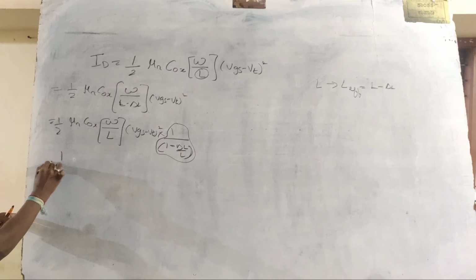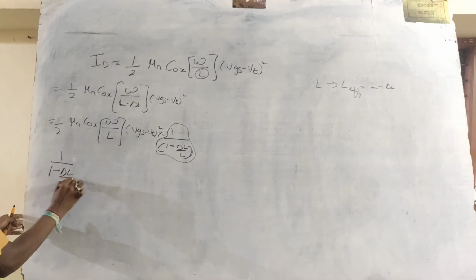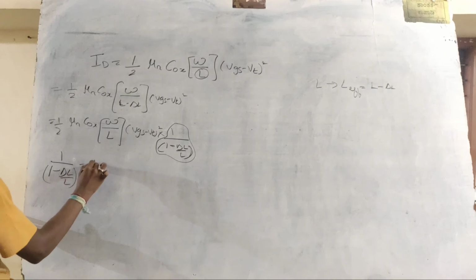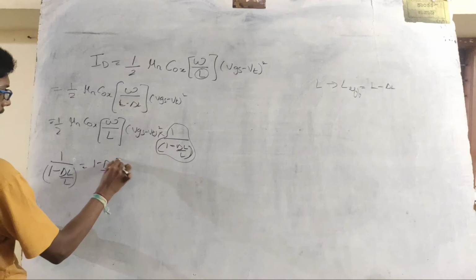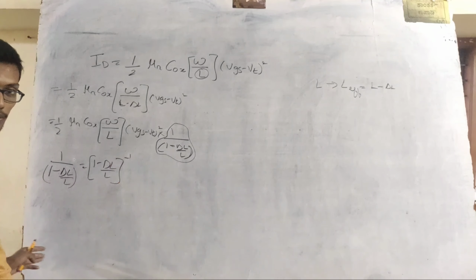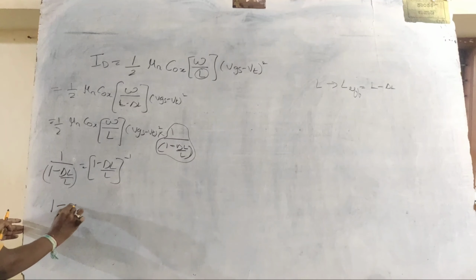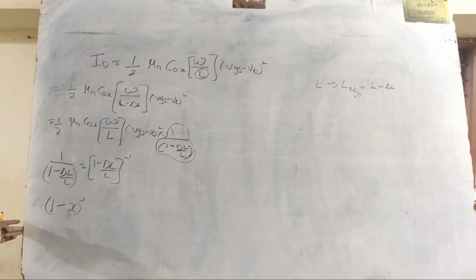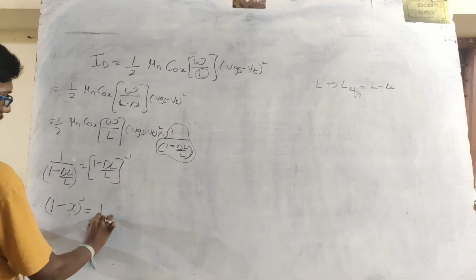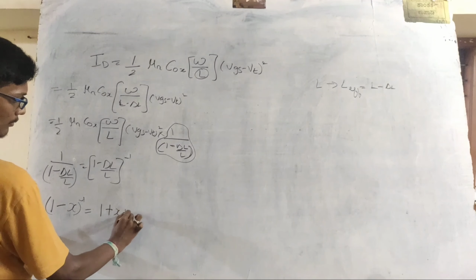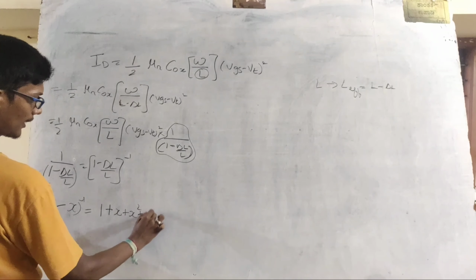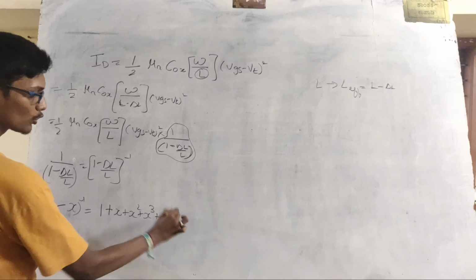What will happen is 1 by (1 minus delta L by L) can be written as (1 minus delta L by L) inverse also. In mathematics we have a formula, that is (1 minus x) whole inverse can be written as 1 plus x plus x square plus x cube and so on.